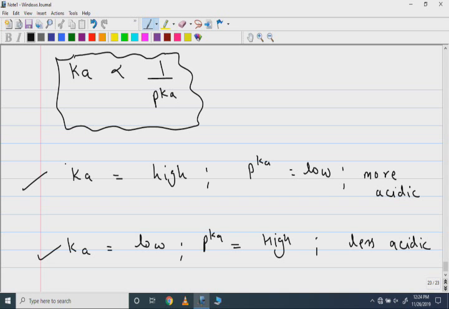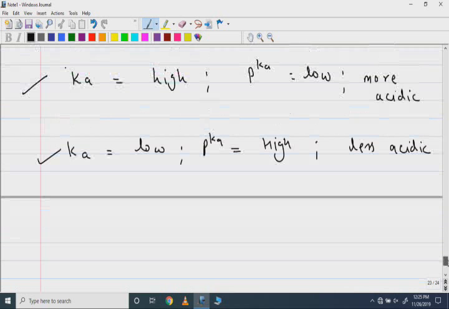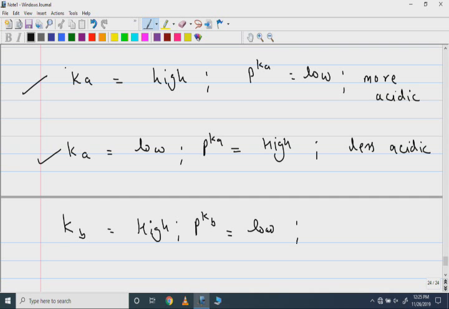Similarly, you can write it for the Kb as well. If Kb is high, pKb would be low, which means more basic.